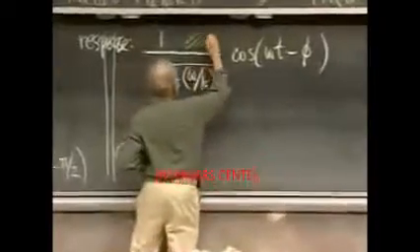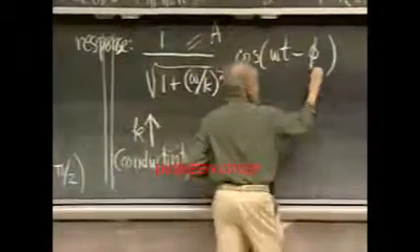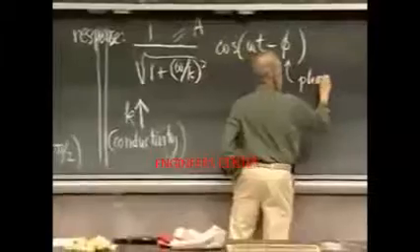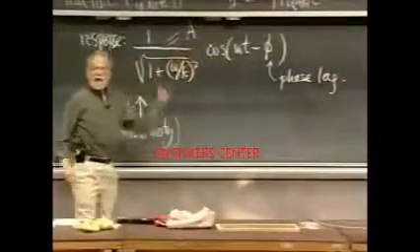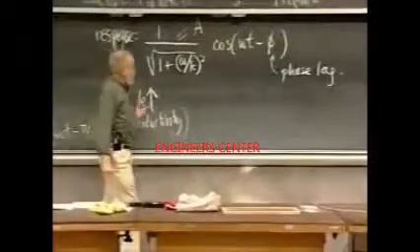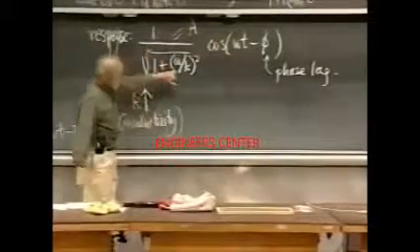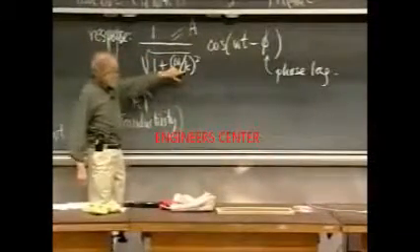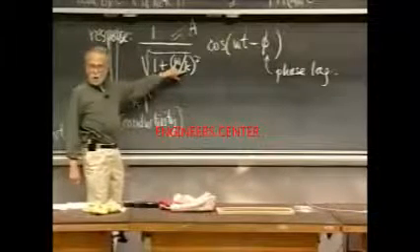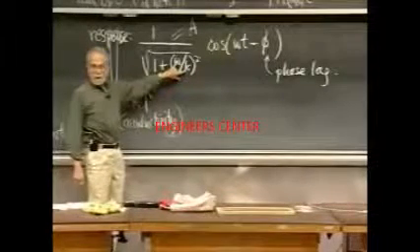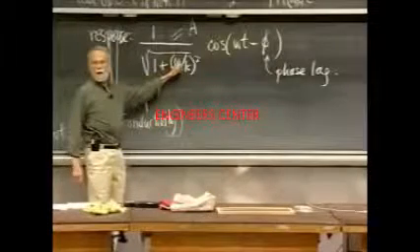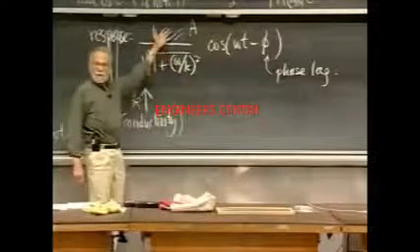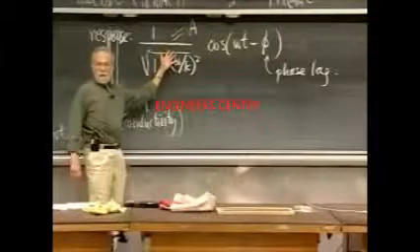This is the amplitude A, and the phase lag. Now you can see, if k goes up, this fraction is becoming smaller. That means the denominator is becoming smaller, and therefore the amplitude is going up.